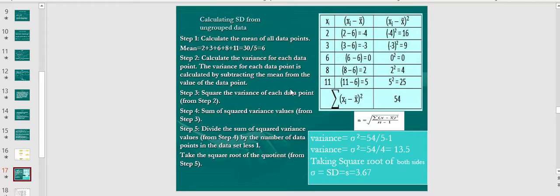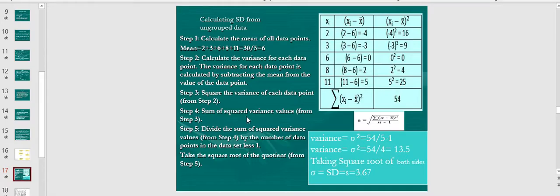The next step, the third step, is to square the deviation of each data point from step 2. We will take the square of each of these values: 4, 3, 0, 2, and 5. We sum up all these values, which is equal to 54.